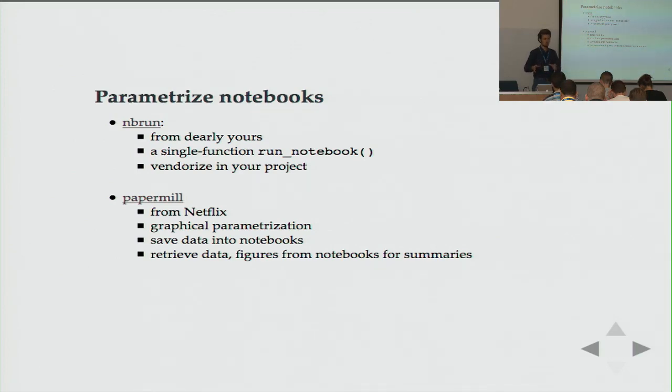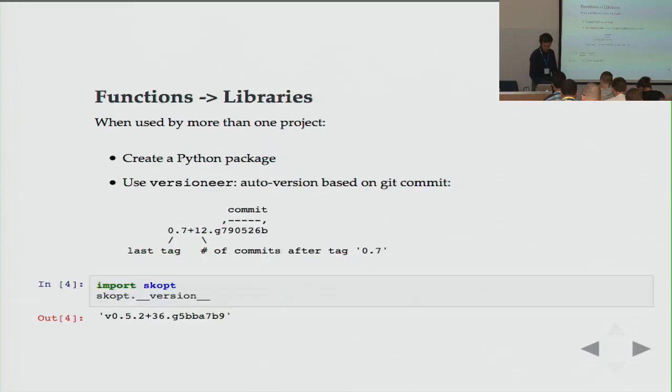It becomes a kind of store for your data instead of saving in separate folders, and also to tag images, figures that you create, so that you can query your notebook from another notebook to retrieve the data and the figures. So it makes, in principle, easy to create these summaries I was talking about.